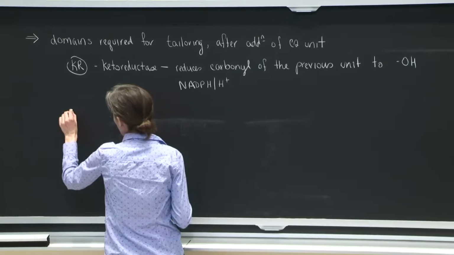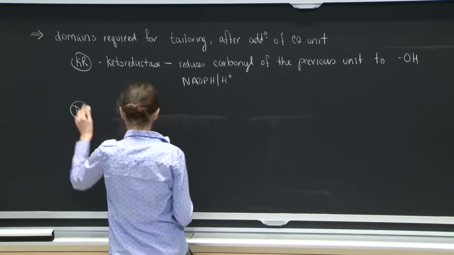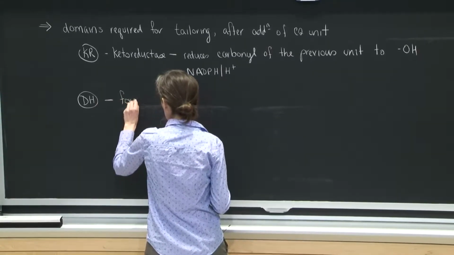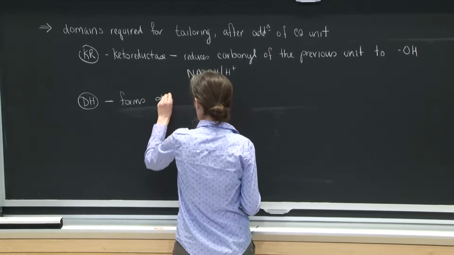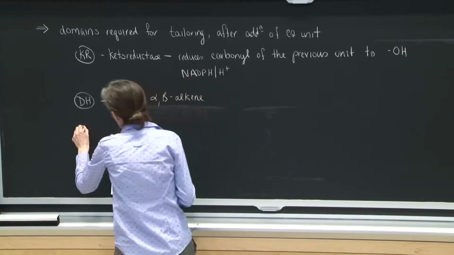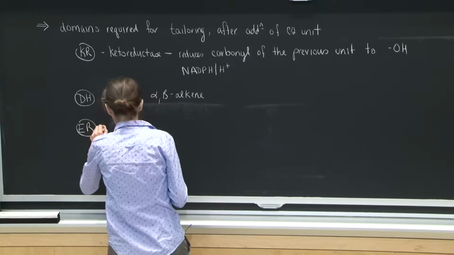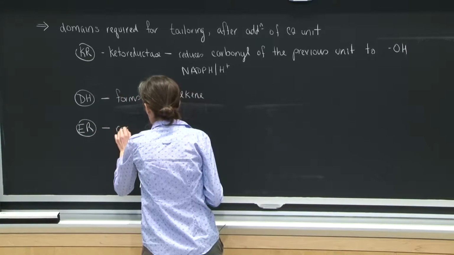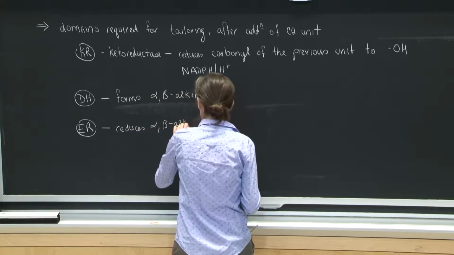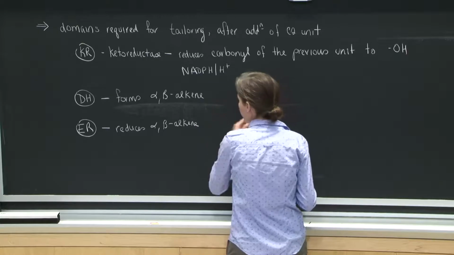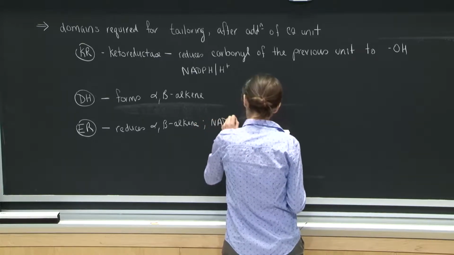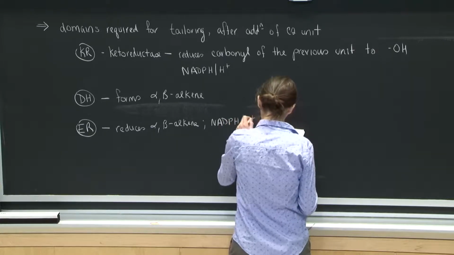We also have the dehydratase here, and this forms an alpha beta alkene from the product of the keto reductase action. And then we have an enoyl reductase that reduces this alpha beta alkene. And this also requires NADPH H+ here.